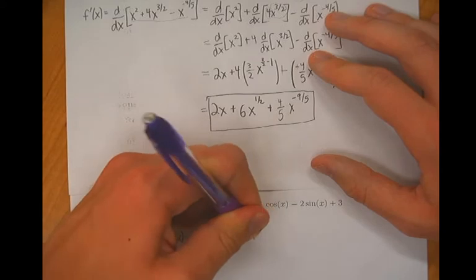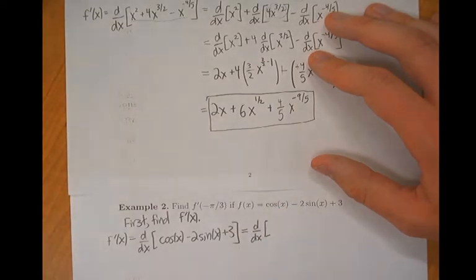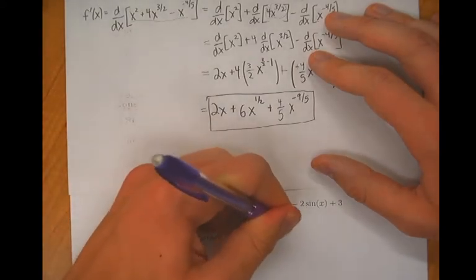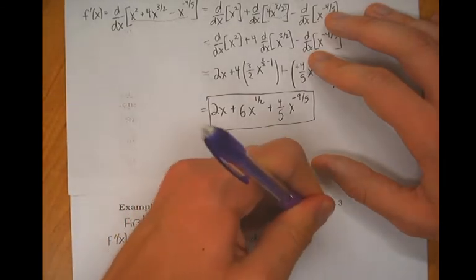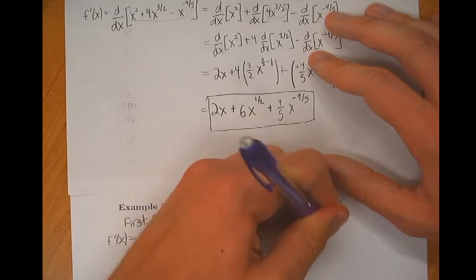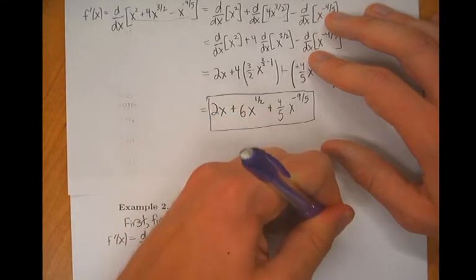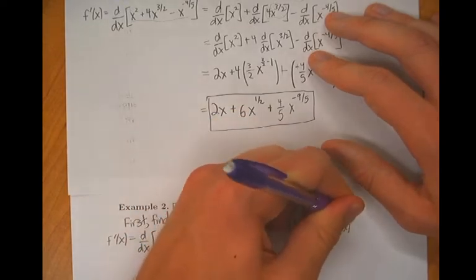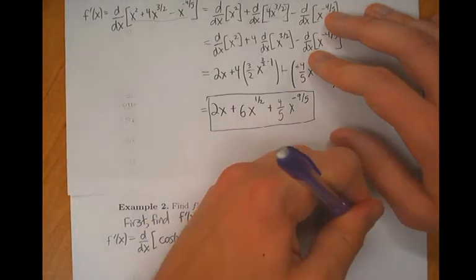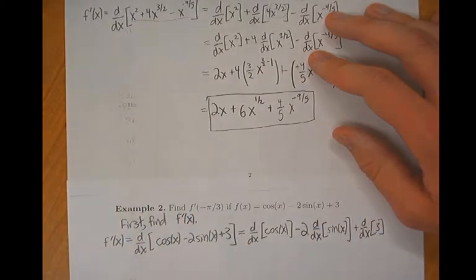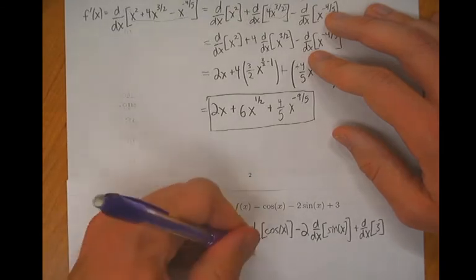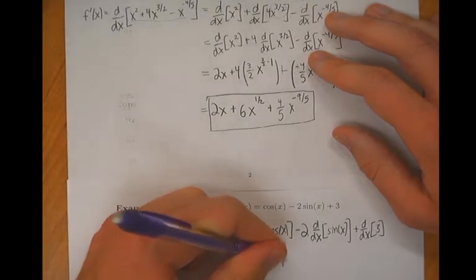As before, split everything up term by term. So we have cosine of x as the first derivative, and then minus 2 times d over dx of sine of x, and then plus d over dx of just 3. Okay? If we apply the derivative rules that we already have, d over dx of cosine is just negative sine of x.